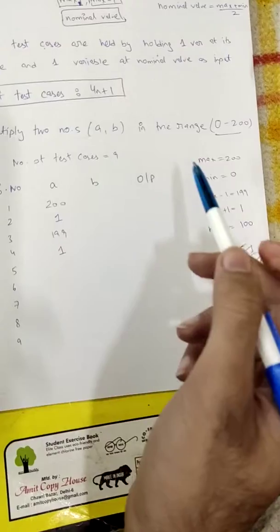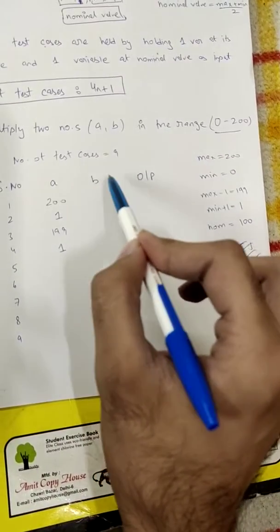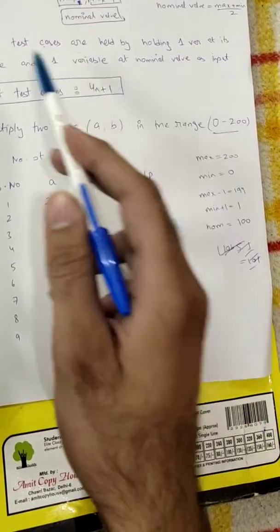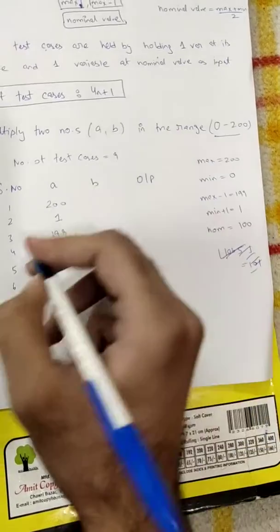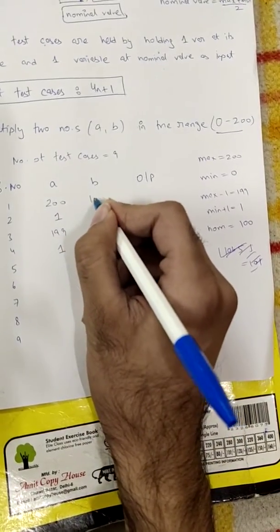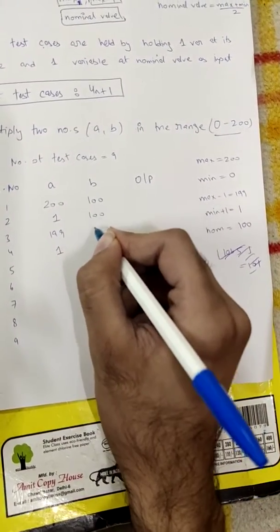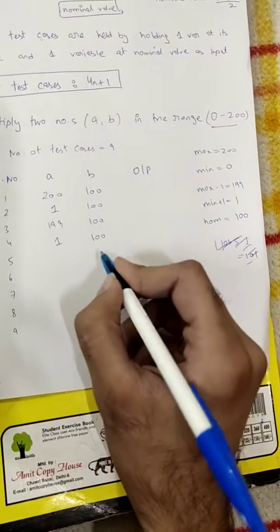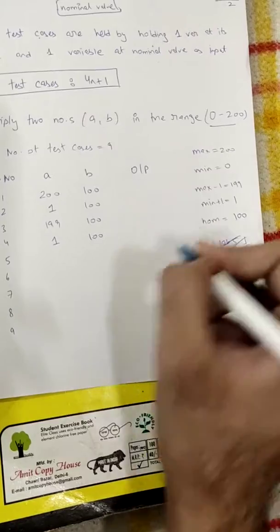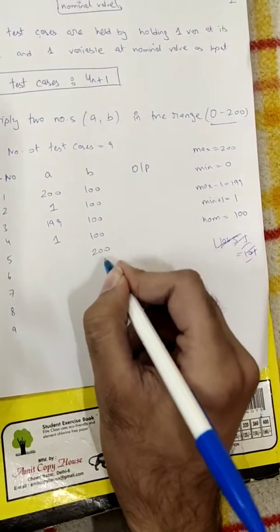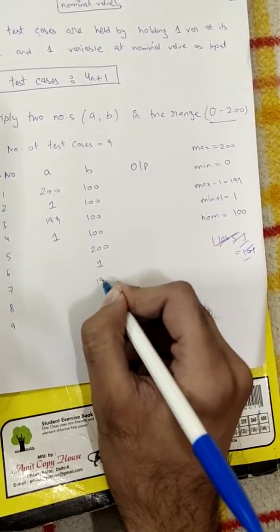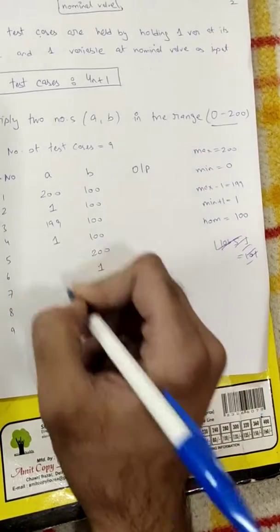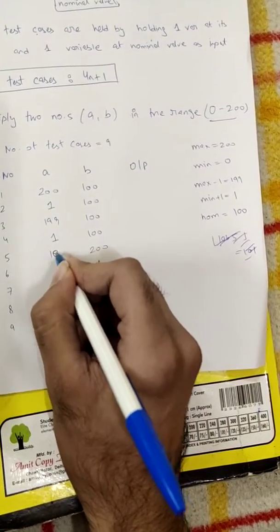Now for the corresponding variable there should be nominal values as per the definition of boundary value. So I will write nominal value here. The same thing I have to do for b variable, which is nothing but just write the extreme values 200, 1, 199 and 1, and here just write the nominal values.